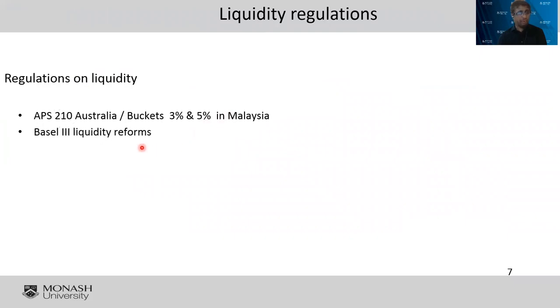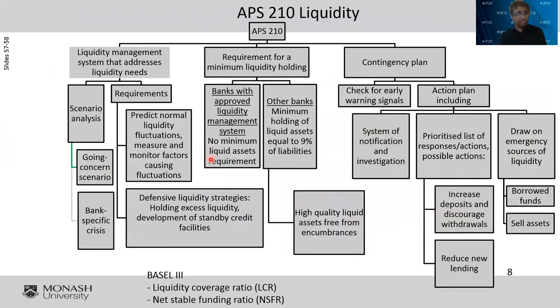Basel III has its own liquidity reforms, and the deposit protection and deposit guarantee we'll talk about a little bit. And we will also talk about the ABS. ABS 210 is a liquidity requirement. From all of this graph, I don't want you to worry about it, because we will talk about it and regulation when we reach week 12.